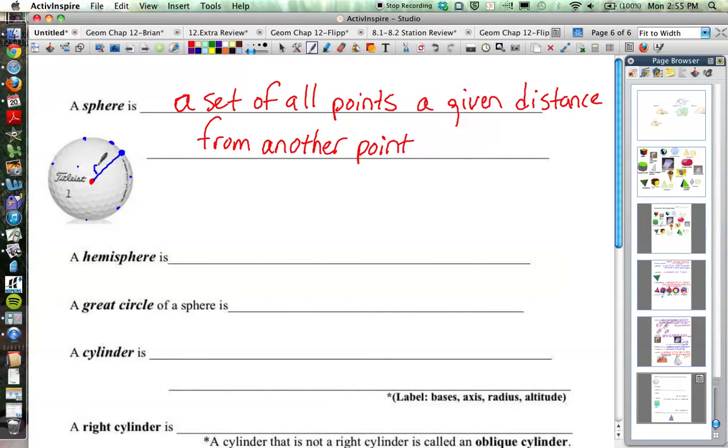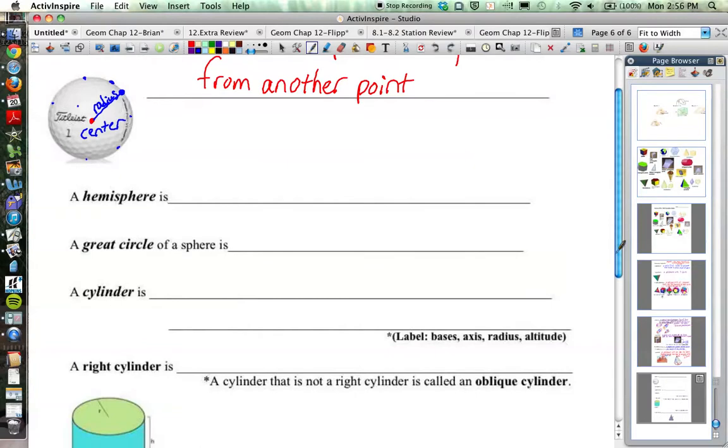So we've got the radius here, but there's literally an infinite amount of these radii that we can draw in here from the center. And so the set of all of those points, a given radius from the center, will eventually make a sphere.